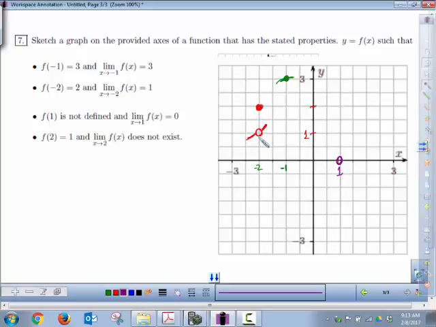So I'll have that circle here, and I'll define the dot somewhere else. At 1, f of 1 is not defined at all, but the limit should equal that. So I want to connect this. I'm eventually going to want to connect the graph so that it's just one graph. So I'm going to make this go up because I want it to go up to 3.